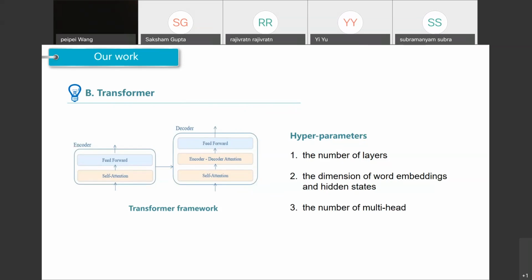Transformer is based on an encoder-decoder structure and adopts a new attention mechanism, self-attention. In our experiment, we acquired submodels by changing the number of layers, the dimension of word embedding and hidden states, the number of heads, and other hyperparameters for ensemble learning research.